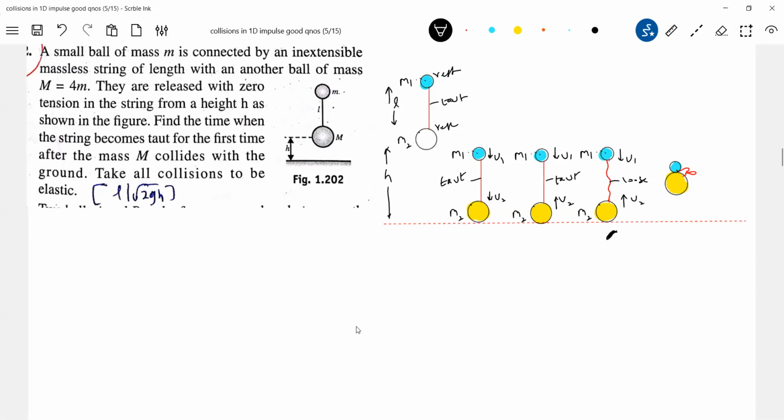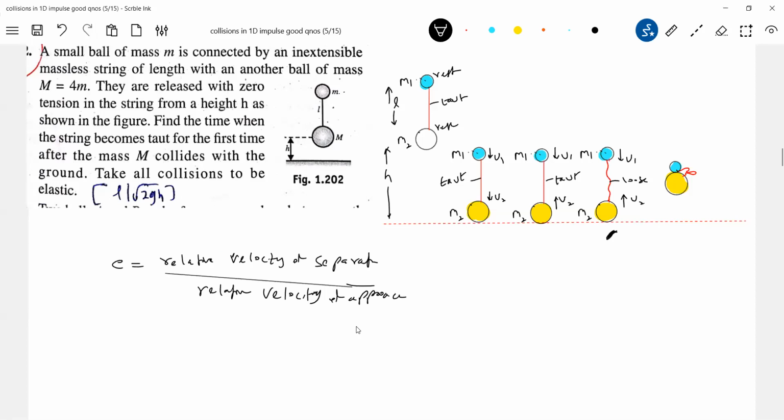It's an elastic collision, so let's go for the coefficient of restitution. Relative velocity of separation should be equal to the relative velocity of approach, and as e is equal to 1, the magnitudes should be equal, no?